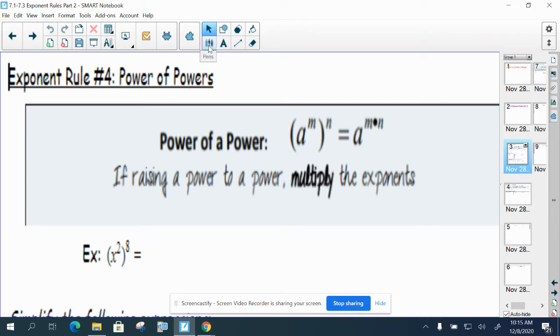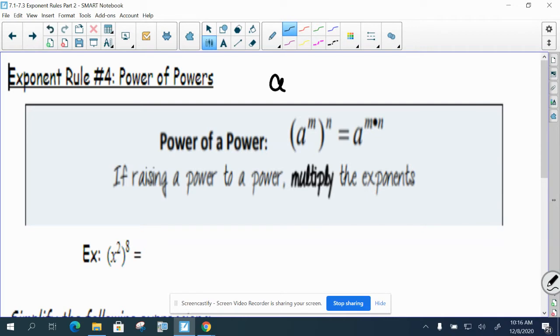So today we're going to learn when you would multiply exponents. Here, the power of a power rule is if you take a power and you raise it to another power, then you multiply powers. The difference from the previous lesson is that you had a to the m times a to the n, and you said that was a to the m plus n.